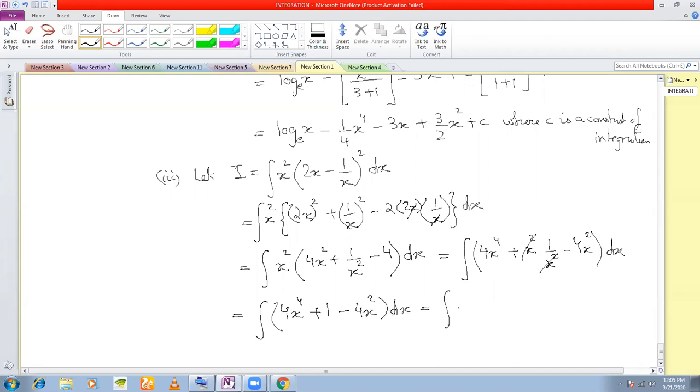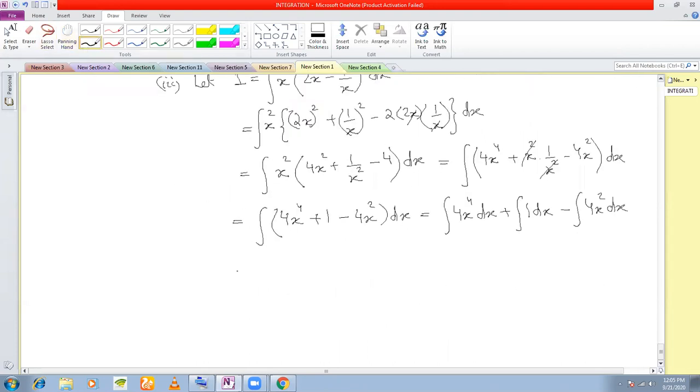Now you separate. This becomes integral 4x to the power of 4 dx plus integral 1 dx, which is nothing but dx only, minus integral 4x square dx.